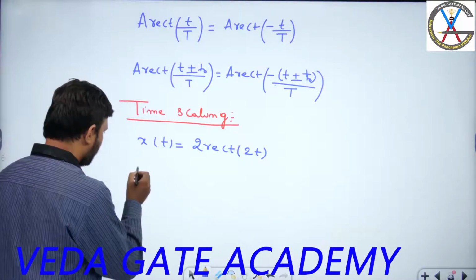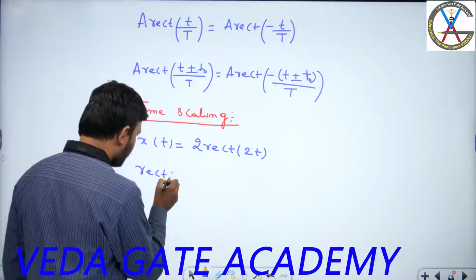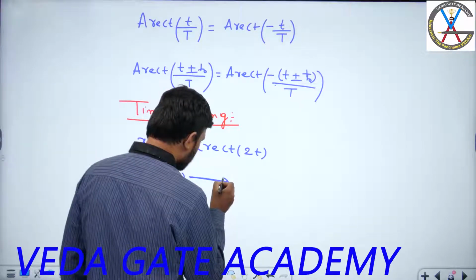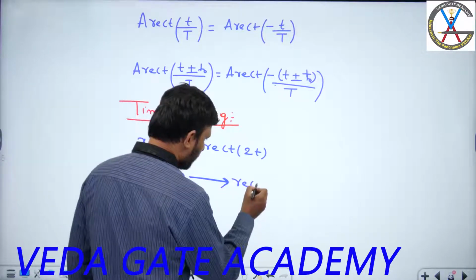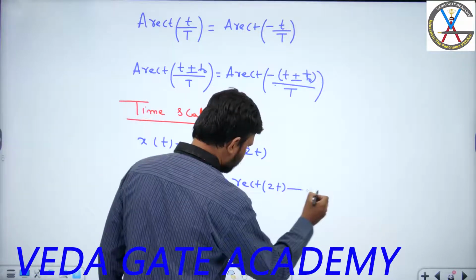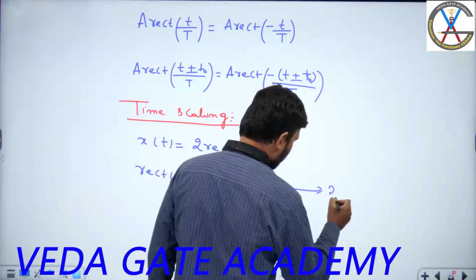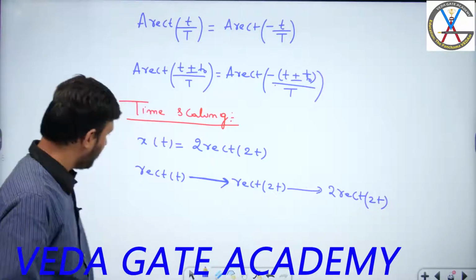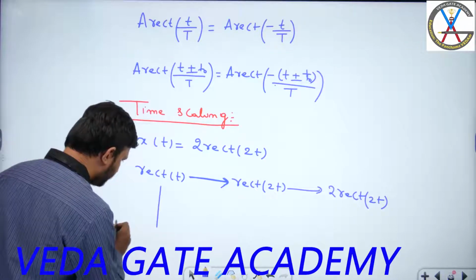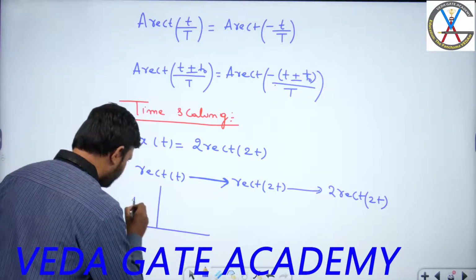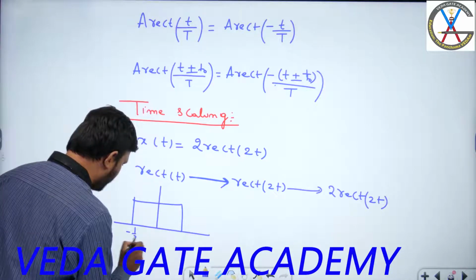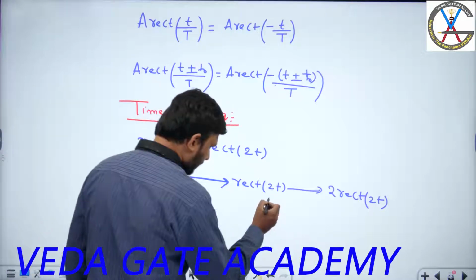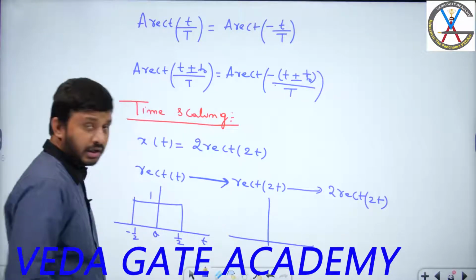So rect t is there with us. Go to rect of 2t, then go to 2 rect of 2t. Rect t means minus 1 by 2 to 1 by 2. This is rect t. Rect of 2t means what?